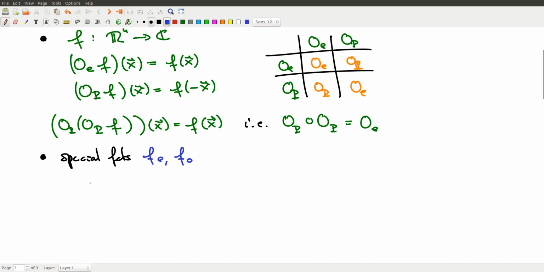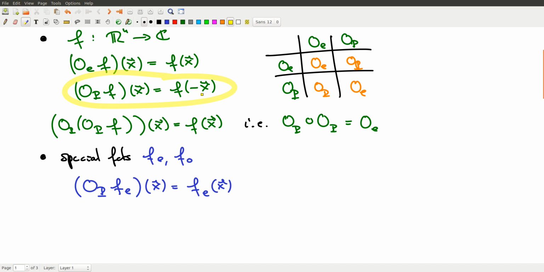And I want them to be such that OP applied to FE evaluated at x is FE of x. So that's not true for all functions. Recall that OP did just this here. So we got a minus sign here in the argument. So FE is a function for which f of minus x is f of x.